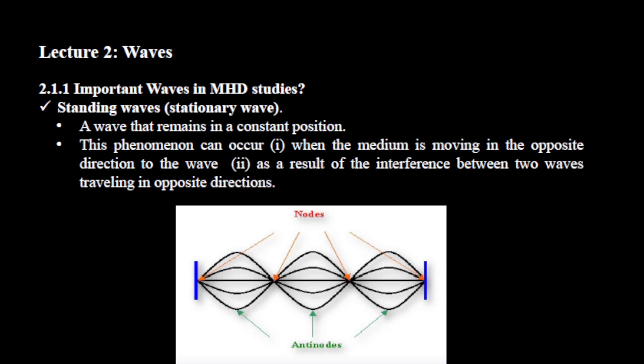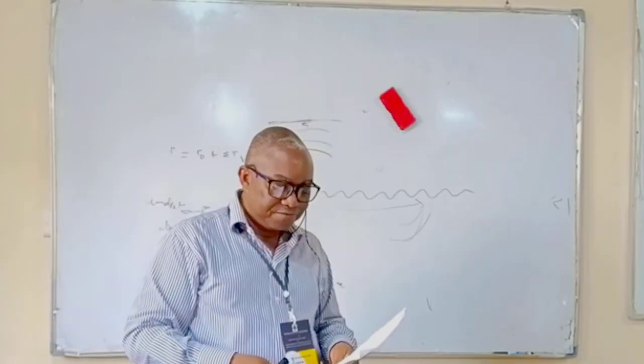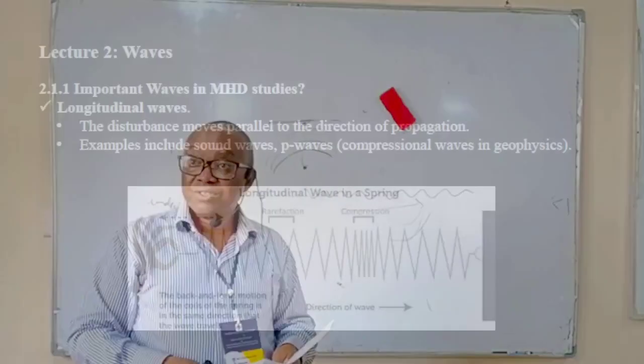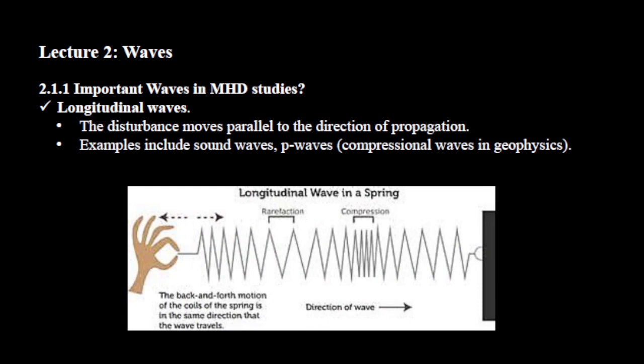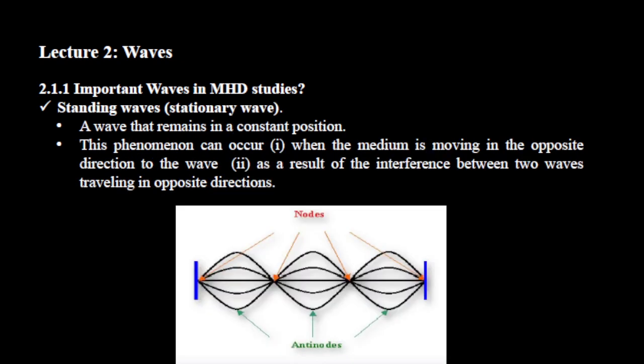The longitudinal one, for instance, is the one that moves parallel to the direction of the propagation of the wave. You have the sound waves. You have the P waves, which are compressional waves. They are mostly relevant in geophysics.